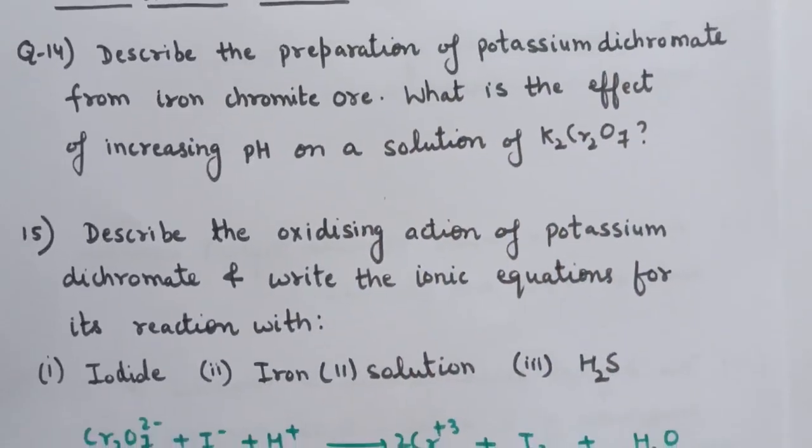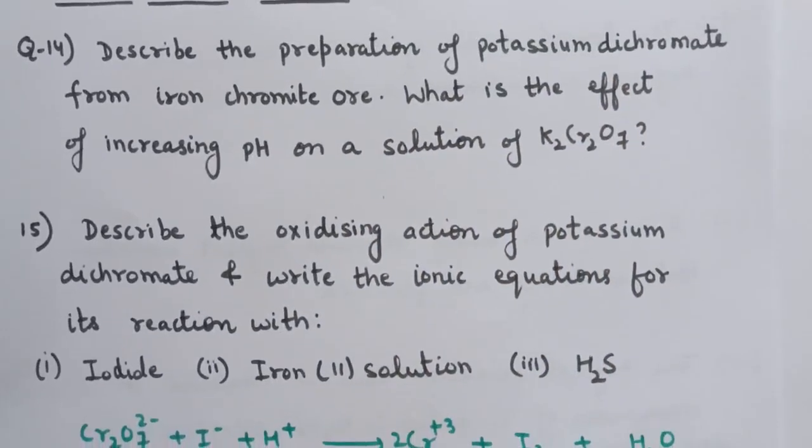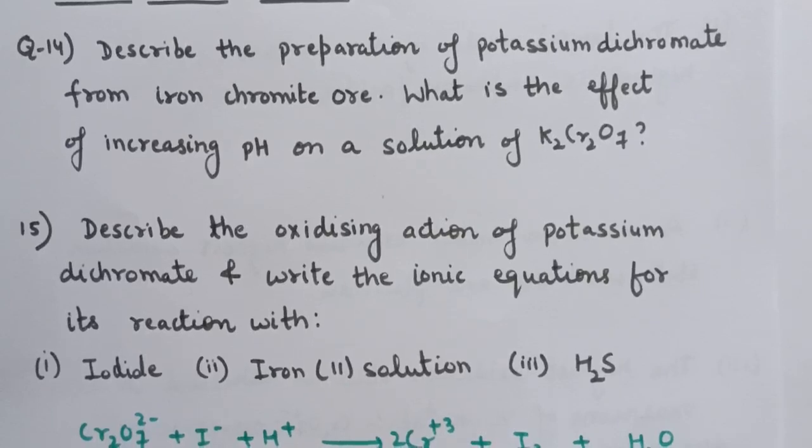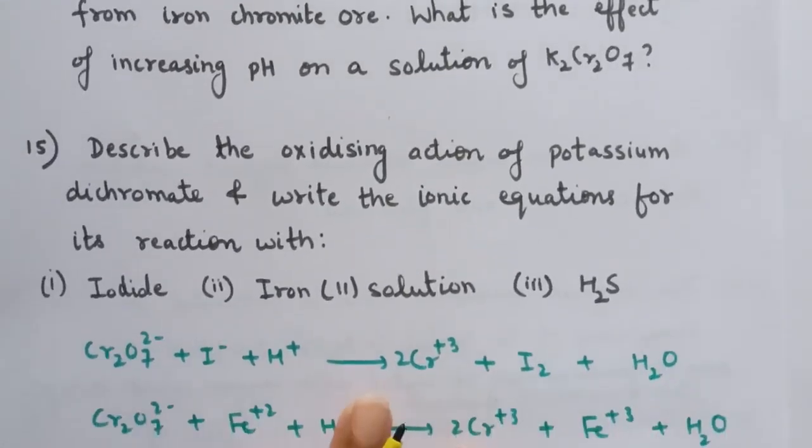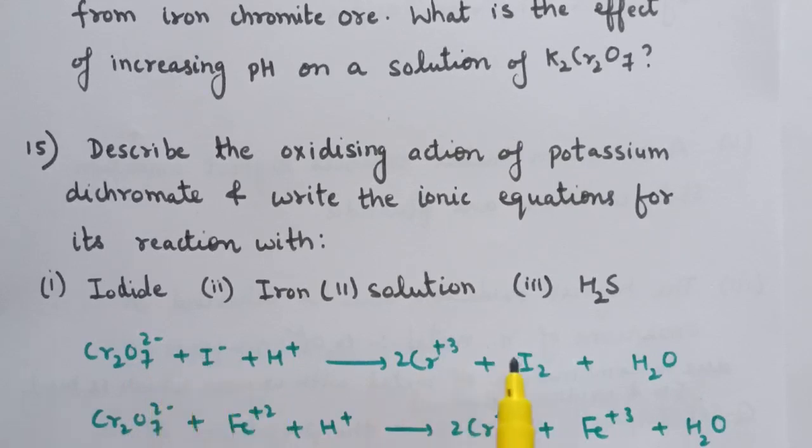Next question is, describe the oxidizing action of potassium dichromate and write the ionic equation for its reaction with iodide, iron(II) solution and with H2S. So here is the reaction. First is with iodide. This Cr2O7 2-, it will act as a strong oxidizing agent and it will oxidize iodide to iodine.